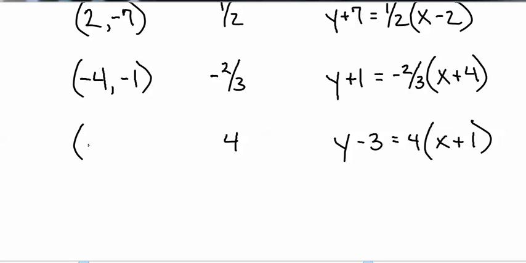What's your x value? -1. And your y value? +3. Look, this is y plus 1 when y was a -1, isn't it? So if this is a -3, isn't this y minus? That's got to be a +3, isn't it?